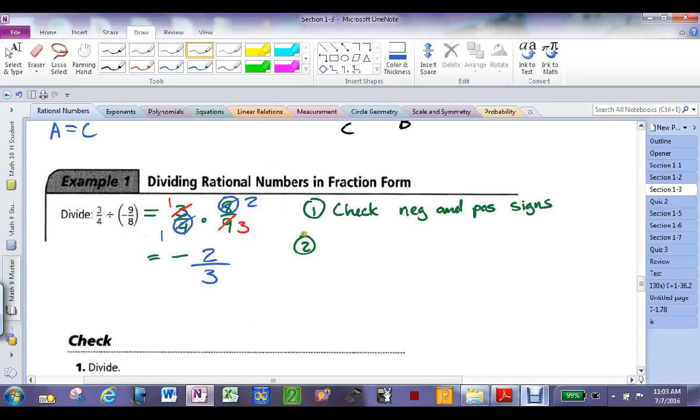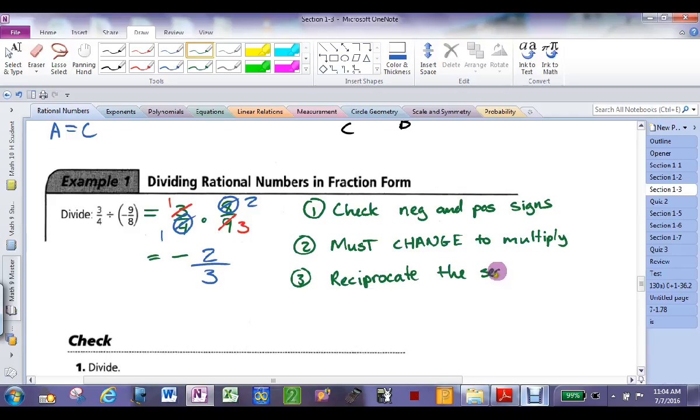And number 2, remember, we must change to multiply and we reciprocate the second number.